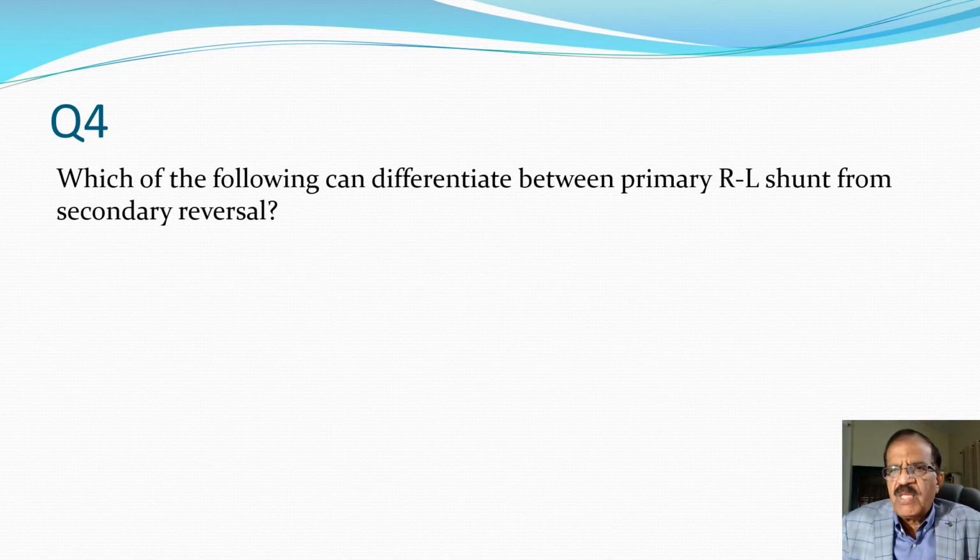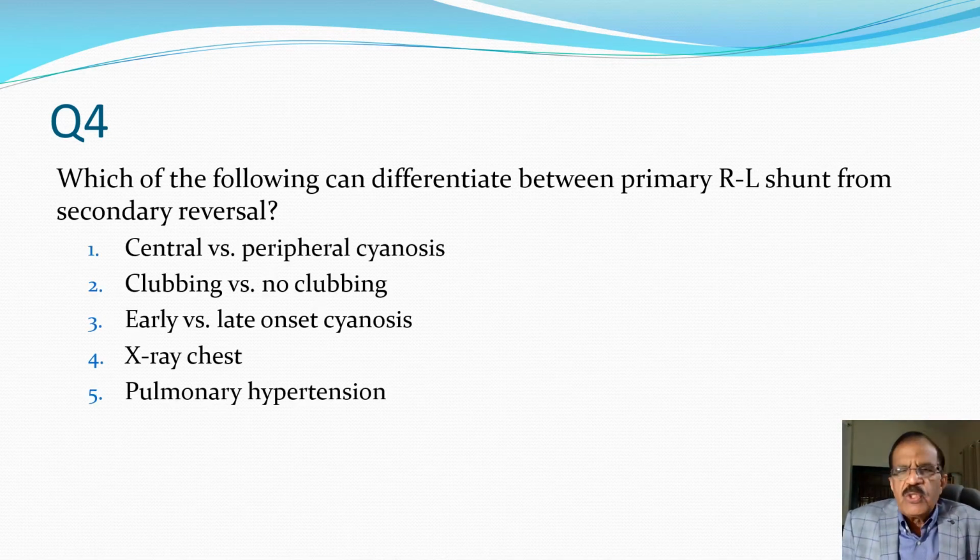When you see there is a right to left shunt, you have to tell me how you differentiate between two possibilities: central versus peripheral cyanosis, clubbing versus no clubbing, early versus late onset of cyanosis, X-ray chest, or pulmonary hypertension. Which of these will tell you if the shunt is primarily right to left or was left to right but has later reversed? You have 15 seconds.